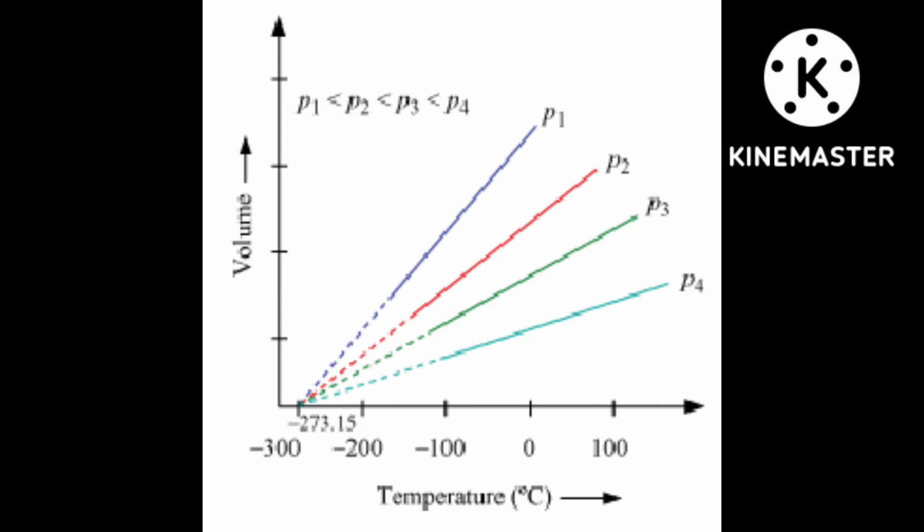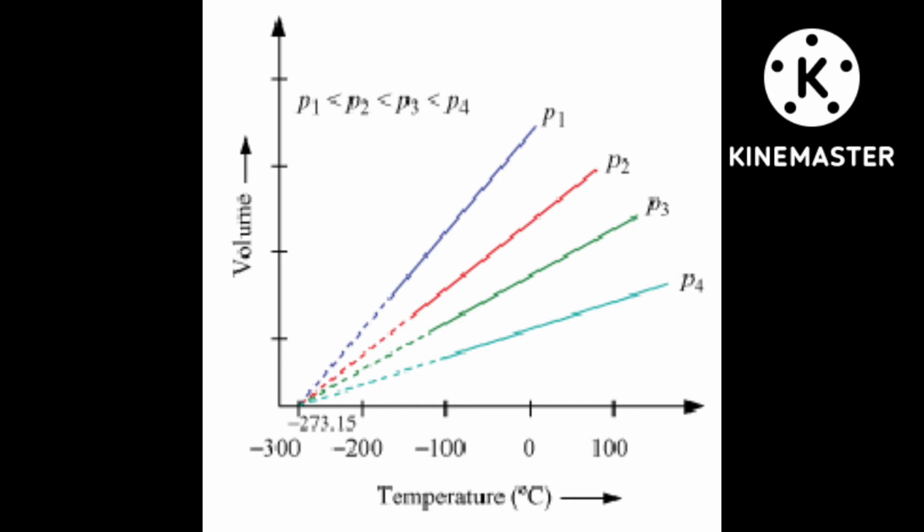If you extend all the straight lines towards the origin, you will find all the straight lines meet at one place, and at that point the temperature is minus 273.15.